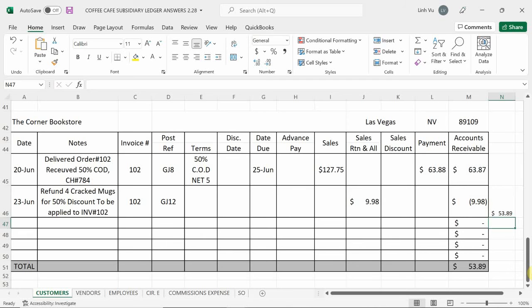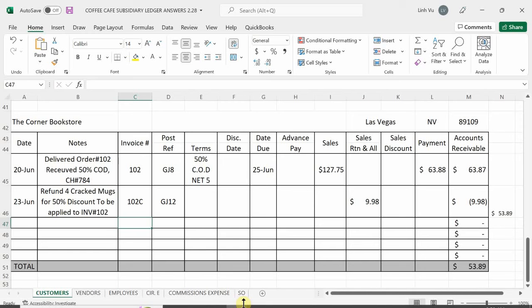This column lets me know for invoice 102C, after giving the credit on this one, the balance on this invoice number 102 is now $53.89. And this is the overall, in case you see more invoices on here, that changes the account balance.